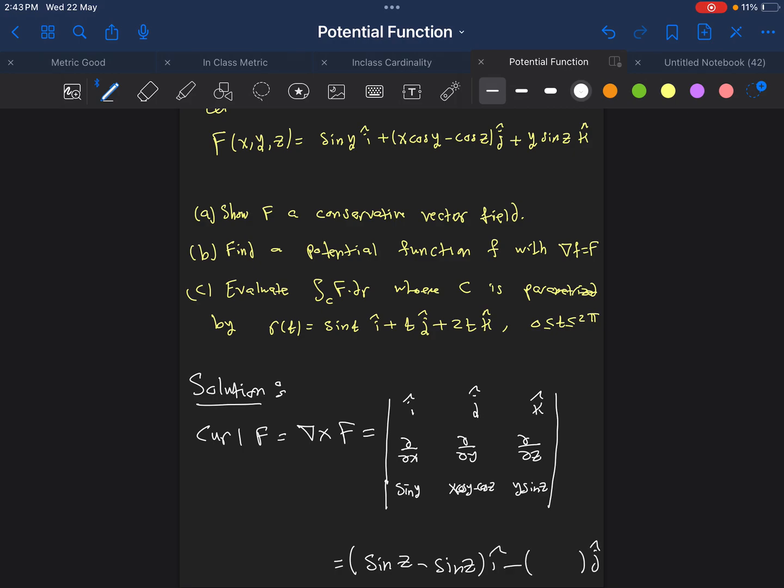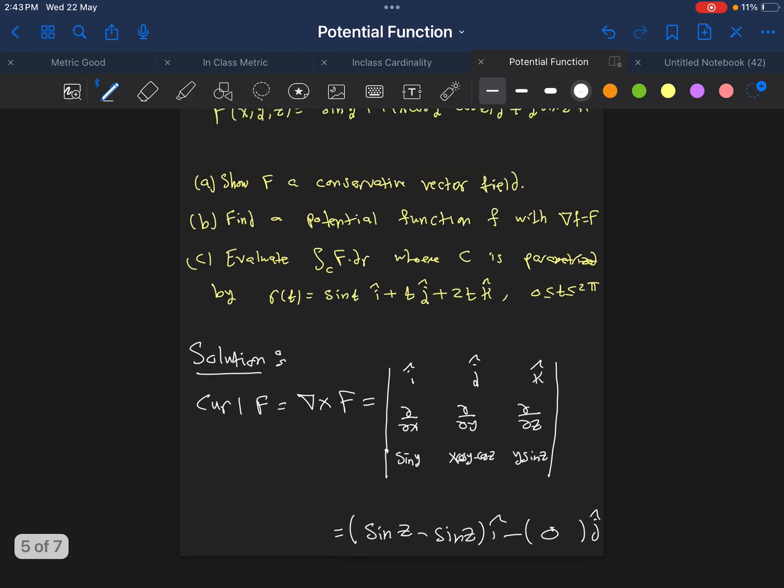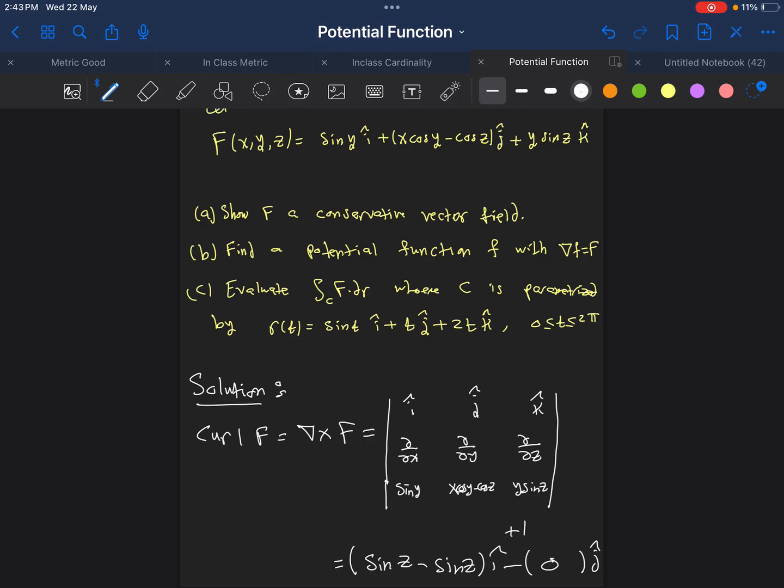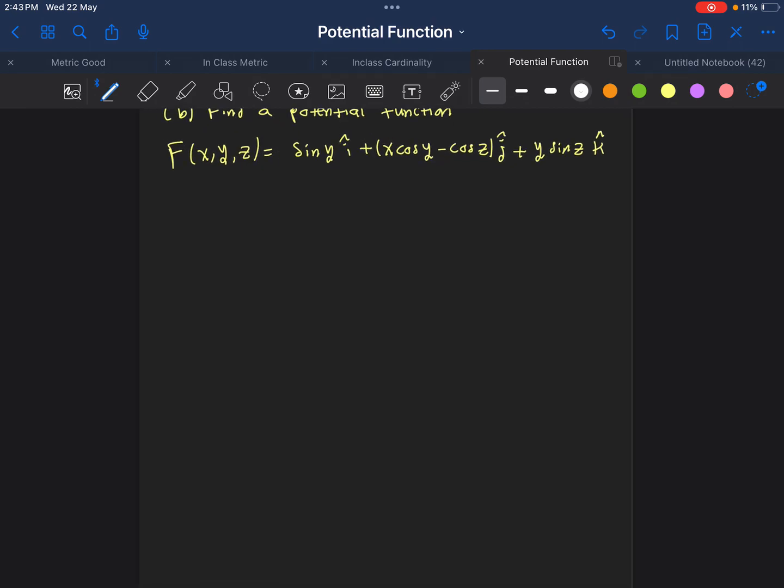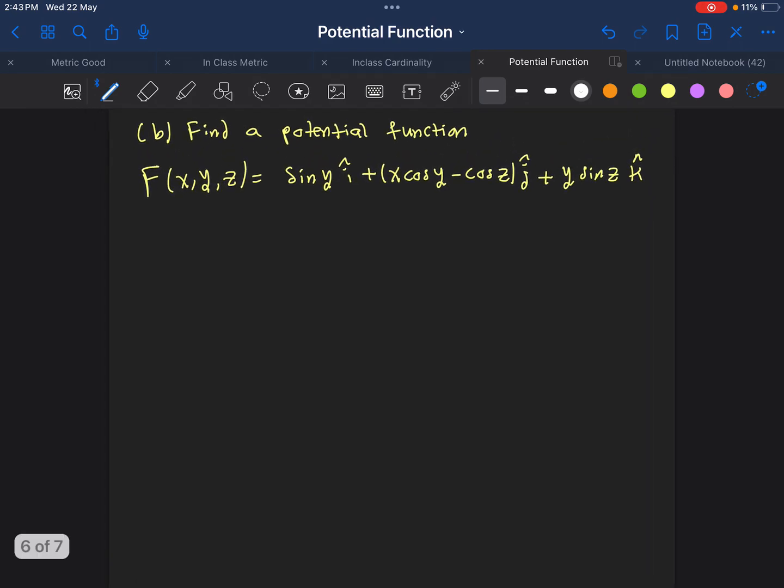Now for the j, it would already be 0. And for the k, it would be just cosine y minus cosine y, which is again equal to 0. So it is conservative.